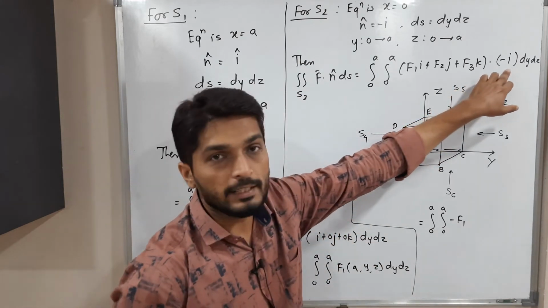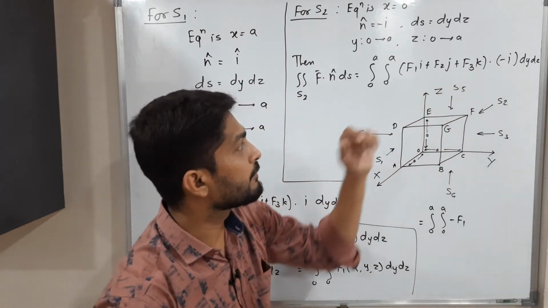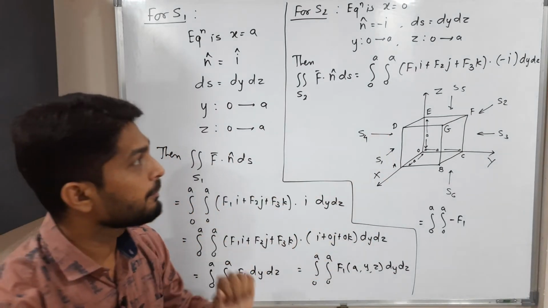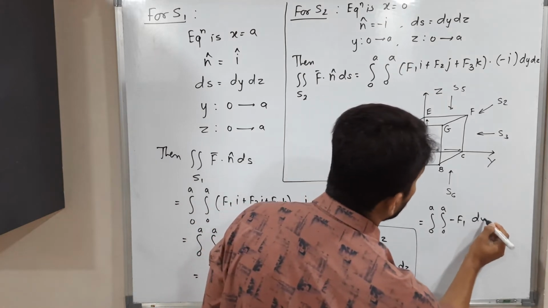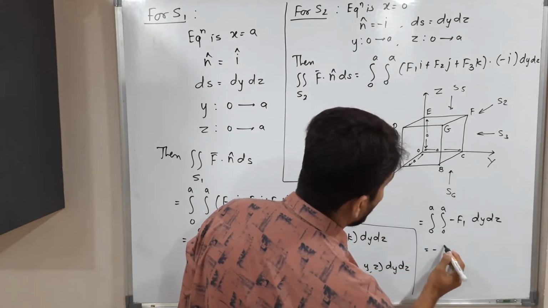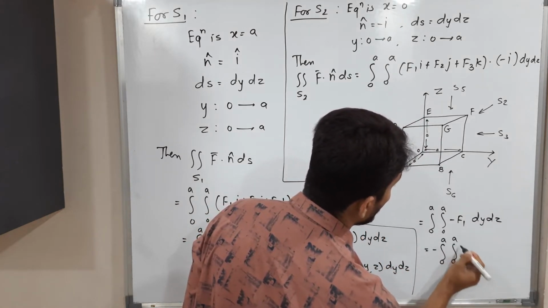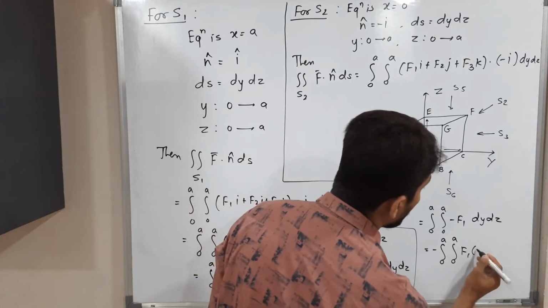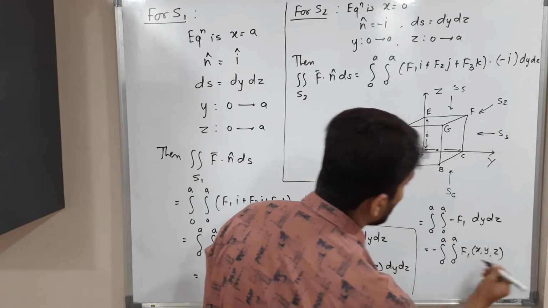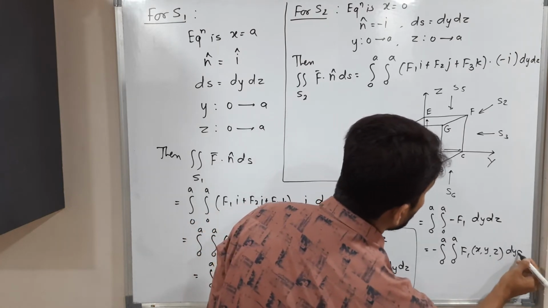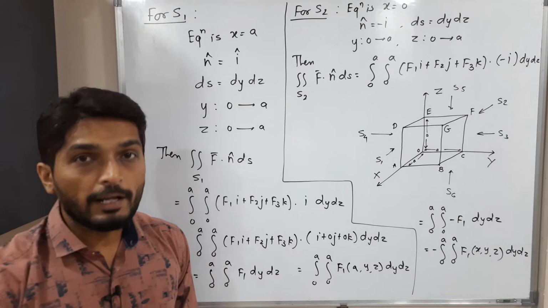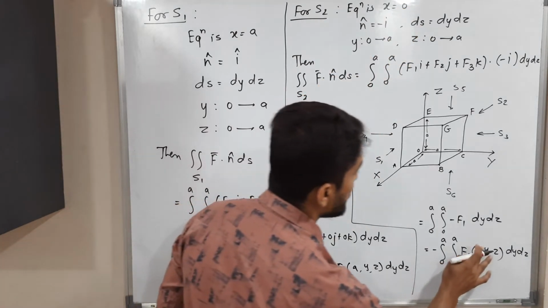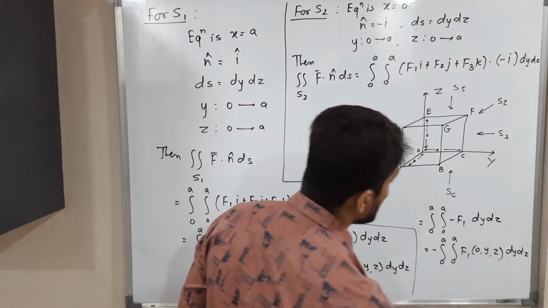There is no j, so its multiple will be 0, 0 into f2 is 0 and 0 into f3 is 0. So we have minus the integral from 0 to a, 0 to a of f1(x, y, z) dy dz. But as you know, for S2 the value of x is 0. So here we write 0.